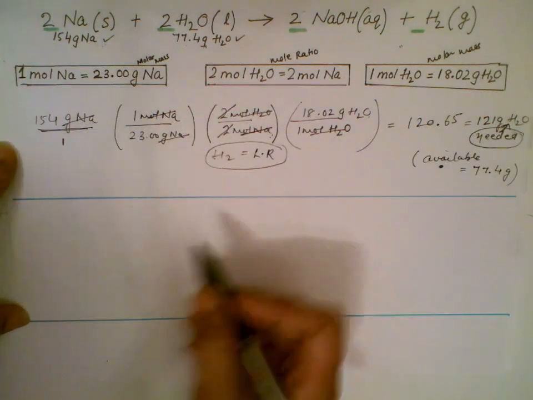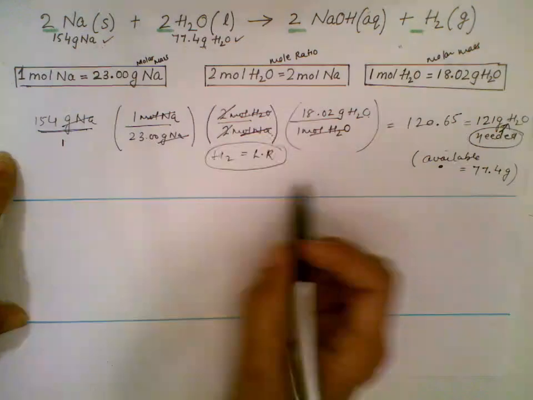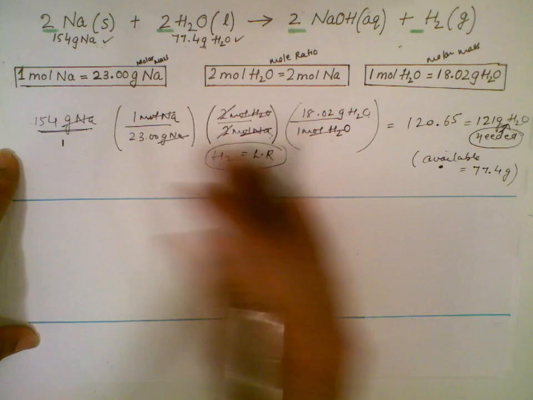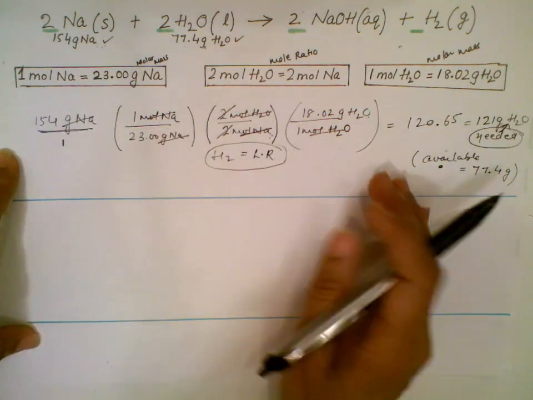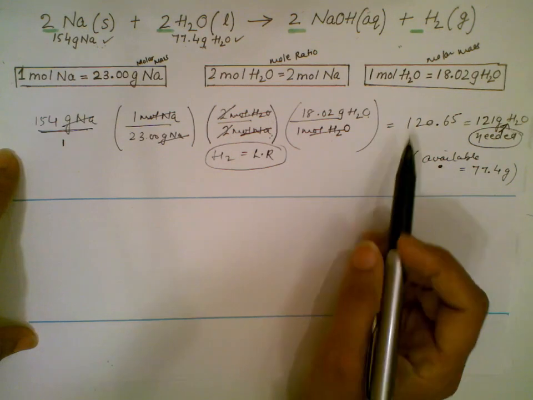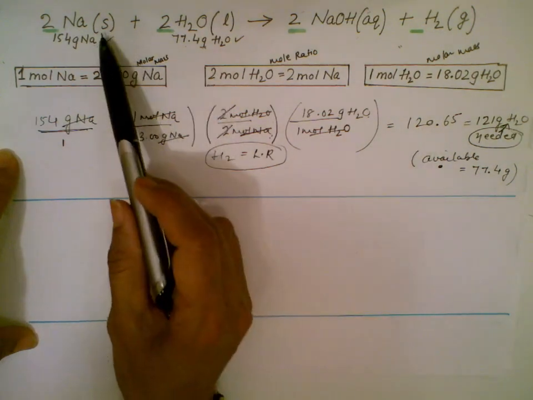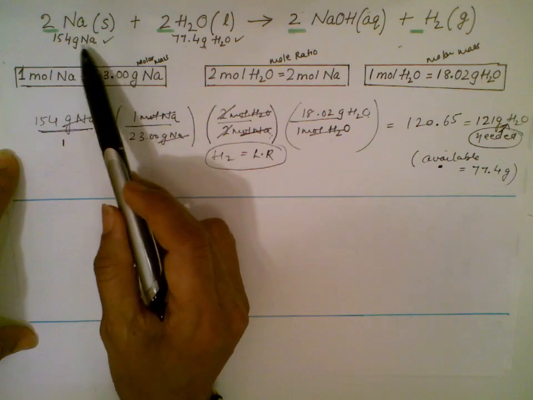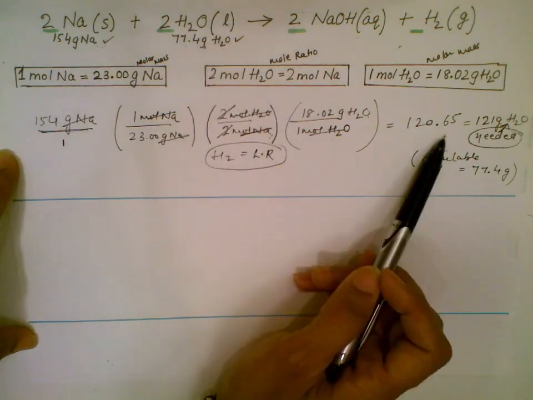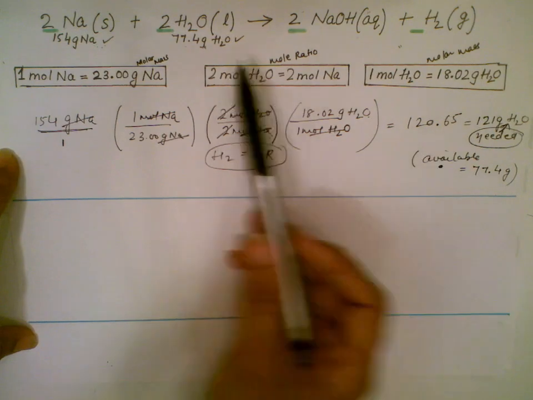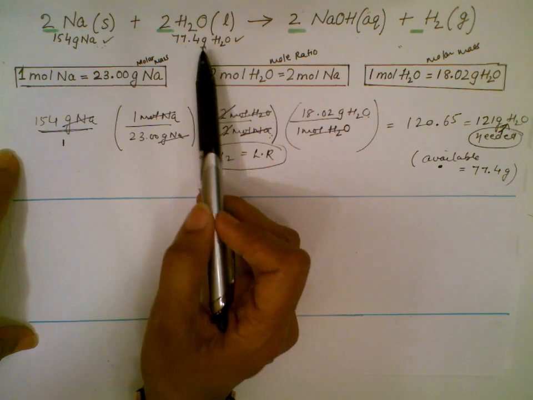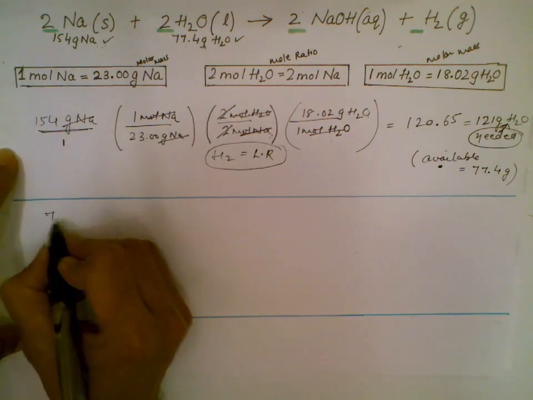Alright, now to find the excess reactant, we are again going to follow the same steps. Before, we converted the given mass of sodium that was available to the amount of water that was needed, right? Now we are going to start with the given mass of water, which is 77.4.